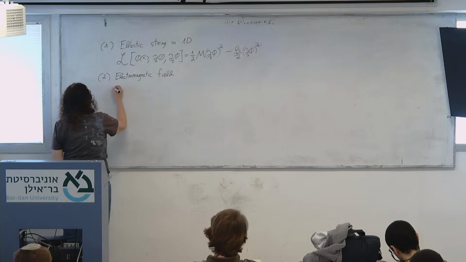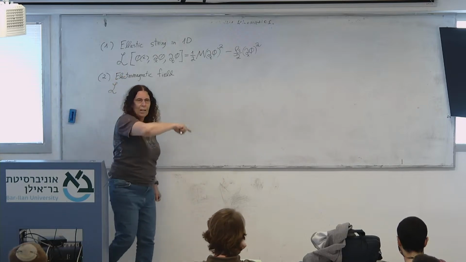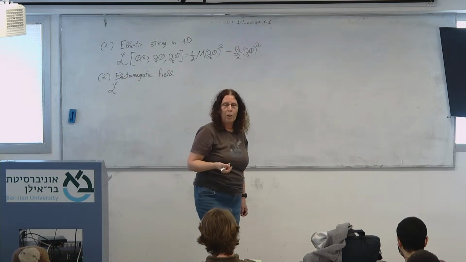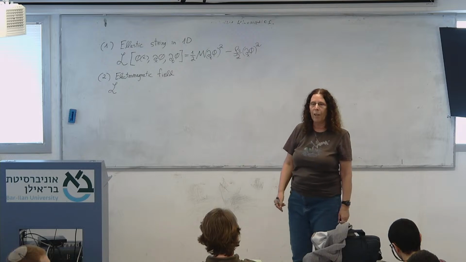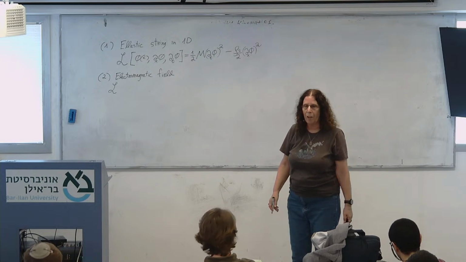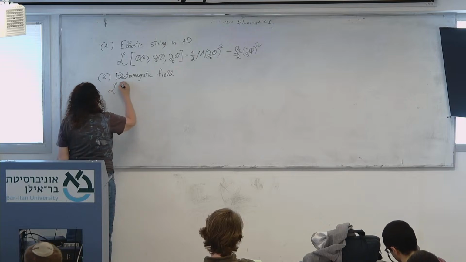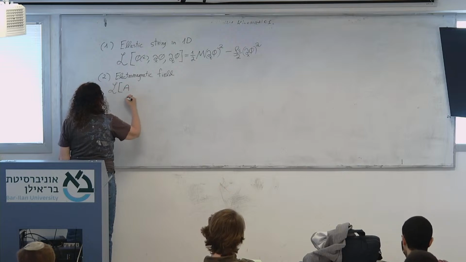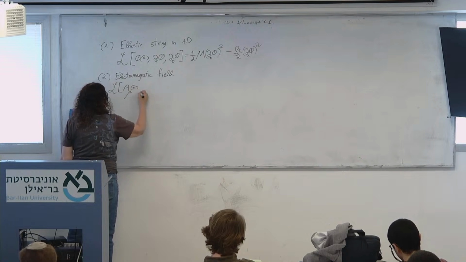Lagrangian density. And again, I remind you, the Lagrangian density has units of energy per unit volume, and it's something you have to integrate over the volume to get the full Lagrangian, and you have to integrate over time to get the action. The Lagrangian density for the electromagnetic field is expressed in terms of the field A mu.